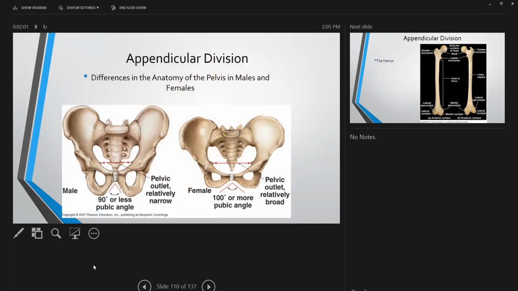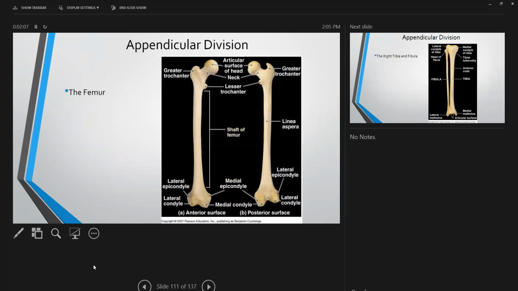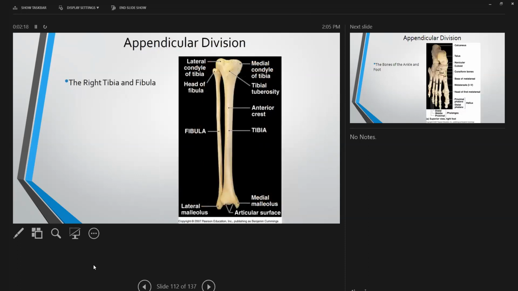The difference in the pelvis structures between male and female. Moving on to the femur, the greater trochanter, the articular surface of the head, and the neck of the femur. The right tibia with fibula shown there, lateral malleolus, medial malleolus, the articular surface.